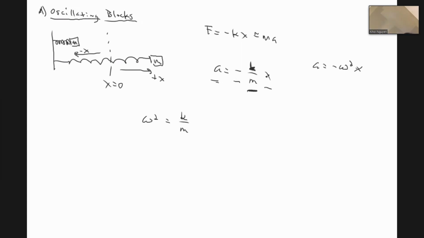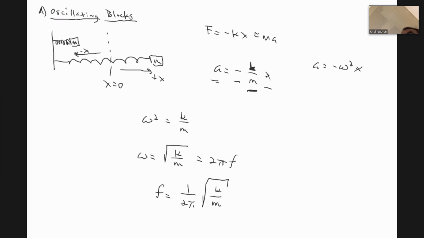Because this mass goes back and forth, back and forth, very much like that displacement graph as a function of time looks. So we can state then that omega is equal to the square root of k over m, and that's equal to 2 pi times the linear frequency. So linear frequency is 1 over 2 pi times the square root of k over m.